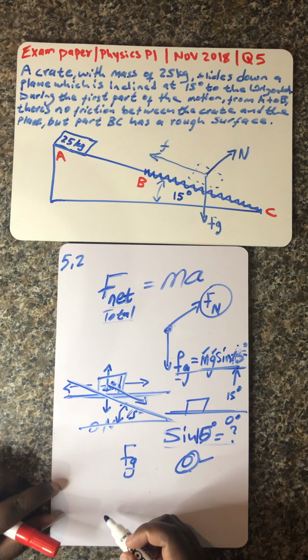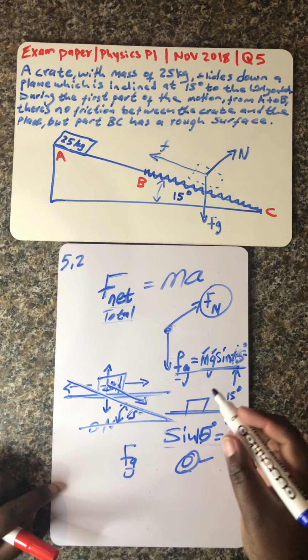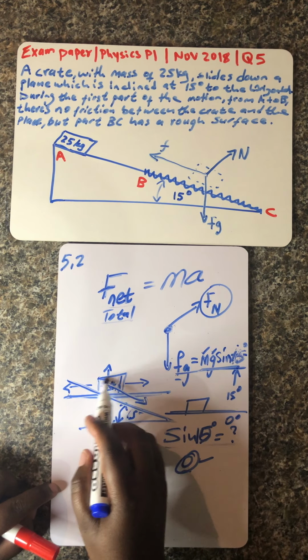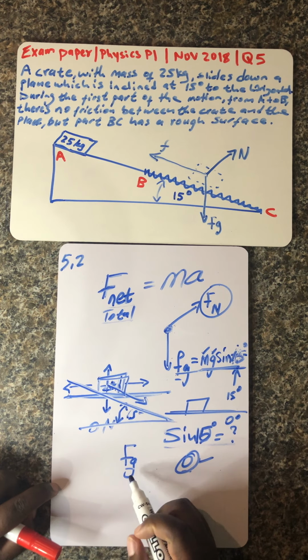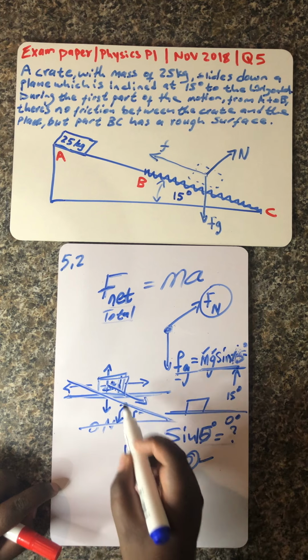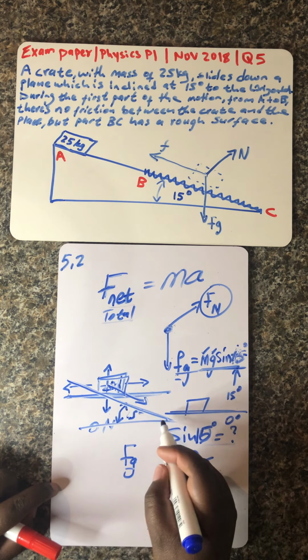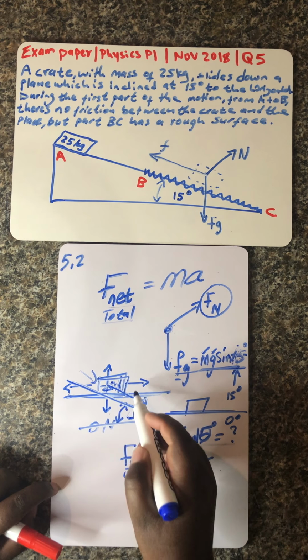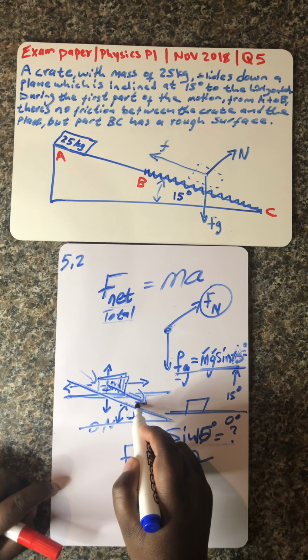Okay, so that 15 degrees makes this object slide. That is the reason why this object is sliding even though there's no external force. No one is pushing that object, nothing is pulling that object, but it's sliding. Why?